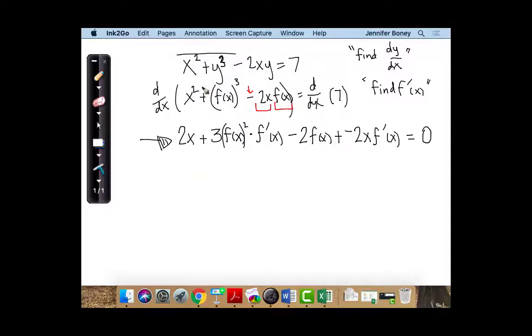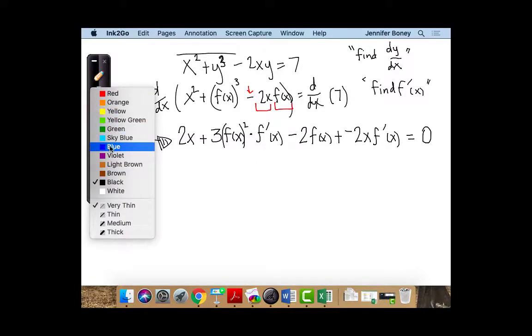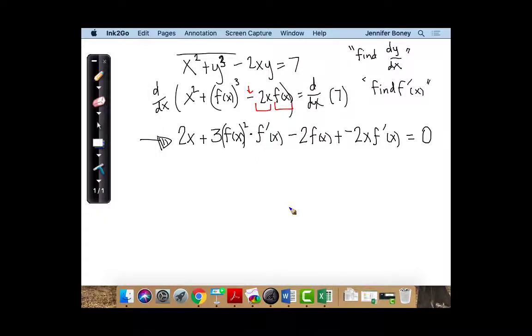So I've got on the left-hand side 1, 2, 3, 4 terms across the equal sign from 0, but kind of sorting through, and this is all algebra from here. We're done with the calculus part, but the algebra is just a little messy, so I'll show you a couple times. So I've got this term, which has an f prime of x in it, and this term, which has an f prime of x in it. The other two terms don't.